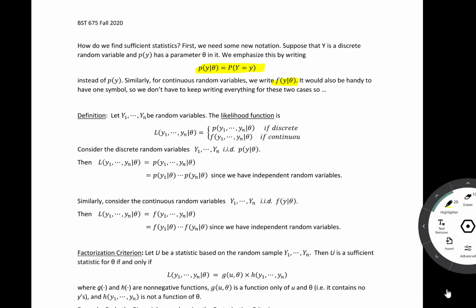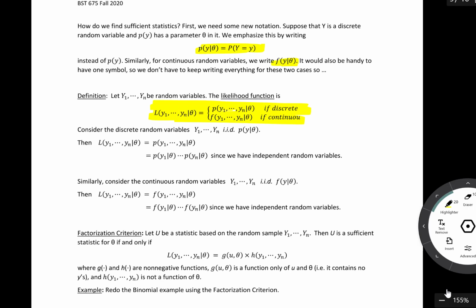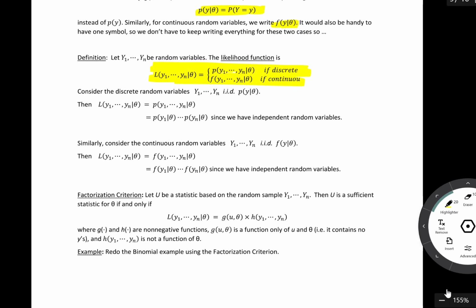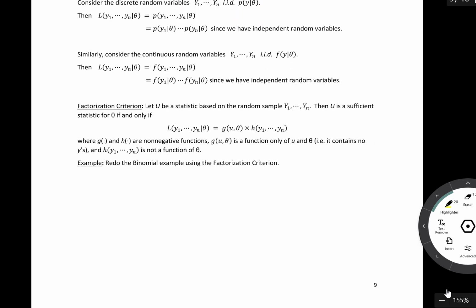So if we let Y1 through Yn be random variables, the likelihood function is given here. So all of this is what we call the likelihood function. And so if you consider discrete random variables, then the likelihood is equal to the following, and then similar for continuous. So the factorization criterion is another way to help us find sufficient statistics.